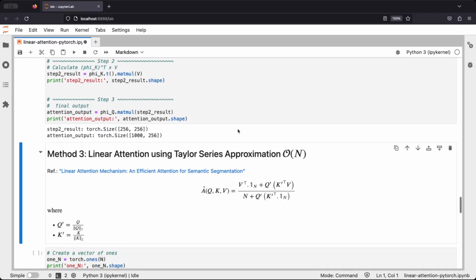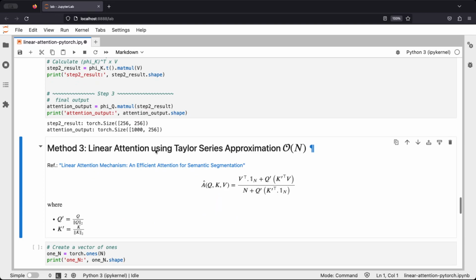So now moving to the third method. This method is using first order Taylor series approximation. And the final equation is given here. So 1 sub n stands for a vector of all ones, and q prime and k prime are the normalized version of q and k.